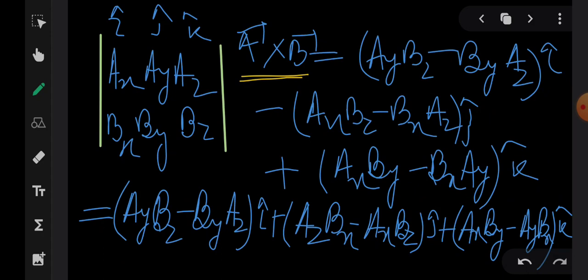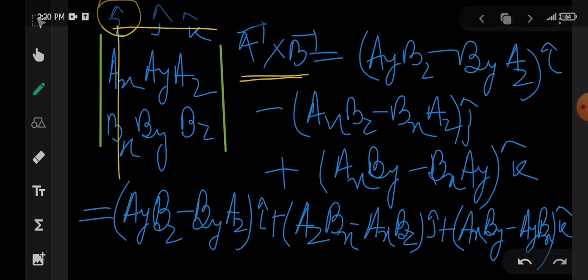In the first bracket, here it is I. Now strike the column and row in which I lies. So remove this one and this one. What you will get is AY BZ minus BY AZ. That is I.